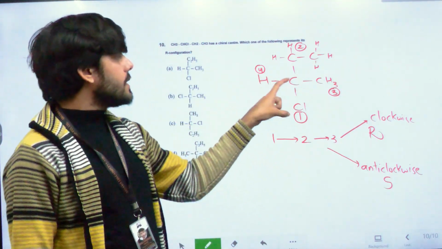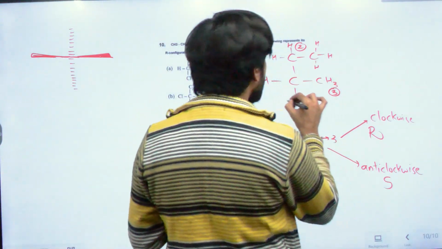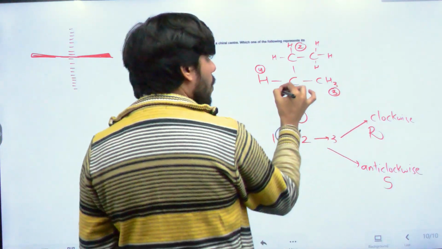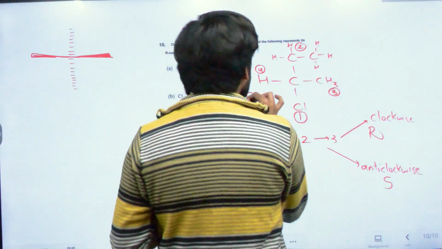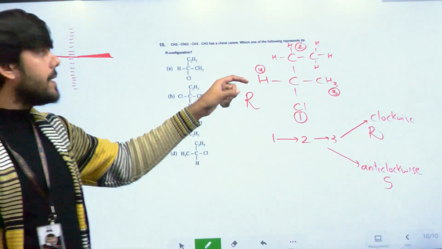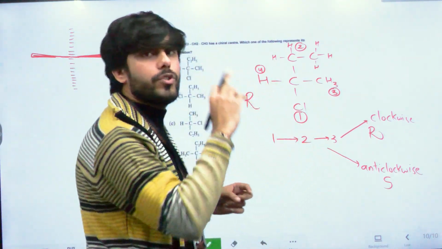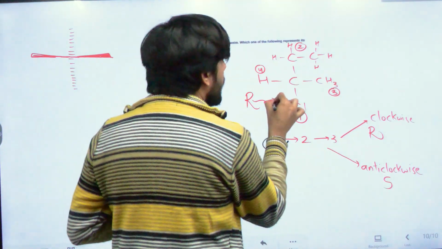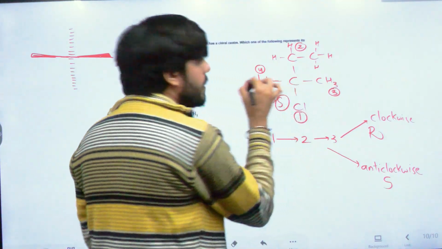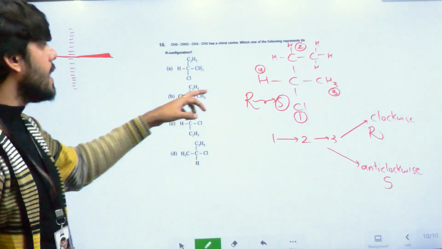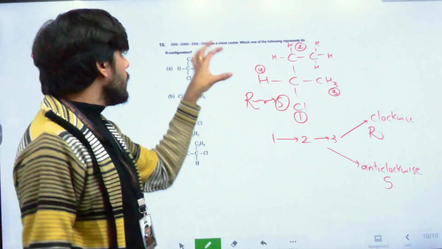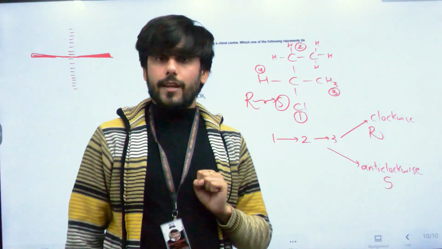Suppose in this case, what is the configuration? 1, 2, 3. This is clockwise. So clockwise is R. So it should have been R. But since the last priority group is on the horizontal line, you need to change the configuration, make it S. So the answer is S and not R. So the first one has the S configuration.